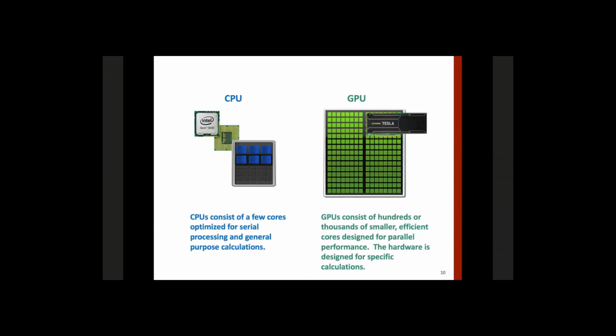But the number of places where this multiplication has to happen has to be in thousands. So a thousand parallel processors can do a particular task which is highly compute oriented and repetitive. A GPU consists of hundreds or thousands of smaller efficient cores designed for parallel performance, with hardware designed for a specific calculation, whether it's weather forecasting, high-speed video games, TensorFlow analysis, matrix multiplication or something else, right?